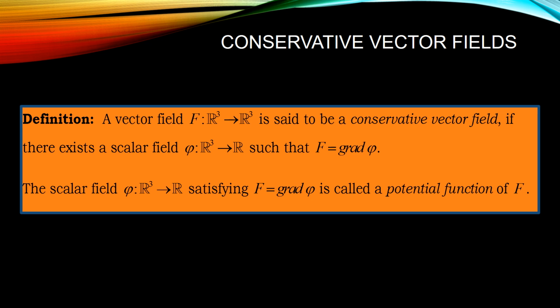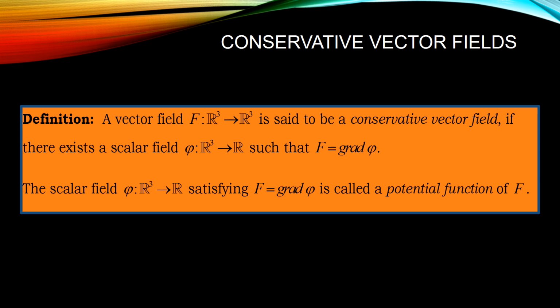That means here a vector field is given to us, big F. Corresponding to this big F, we need to find out a scalar field phi from R3 to R satisfying the condition grad phi equals F. This phi from R3 to R is called a potential function of the given vector field.